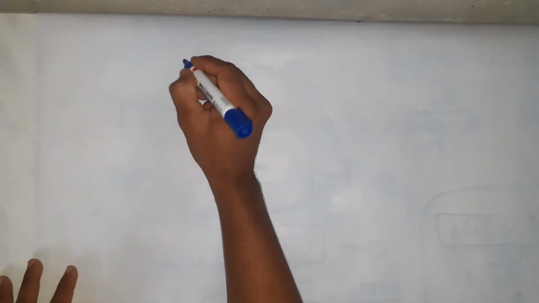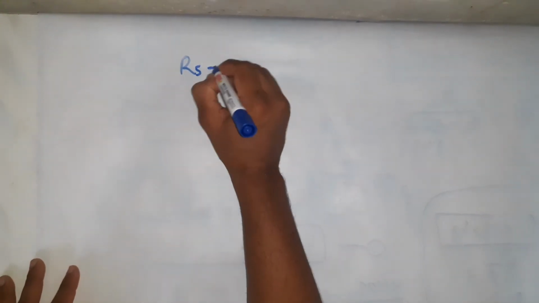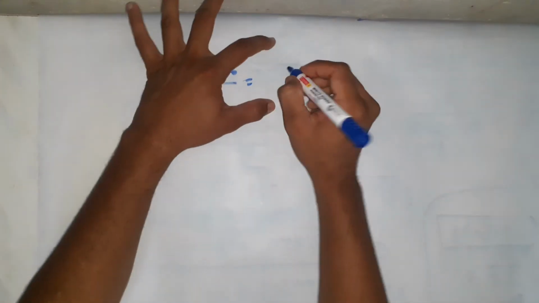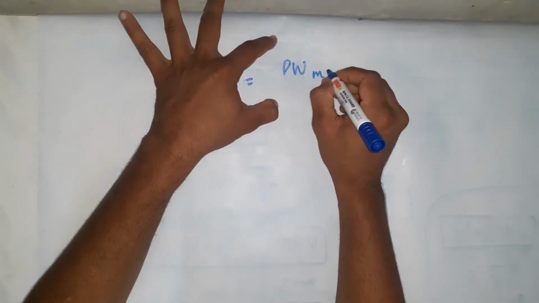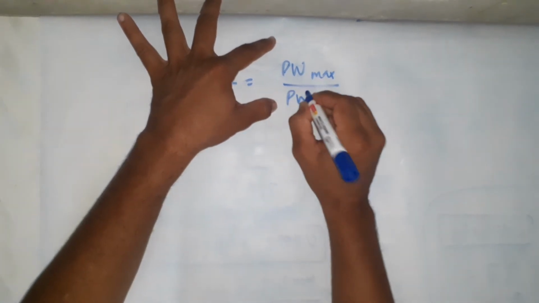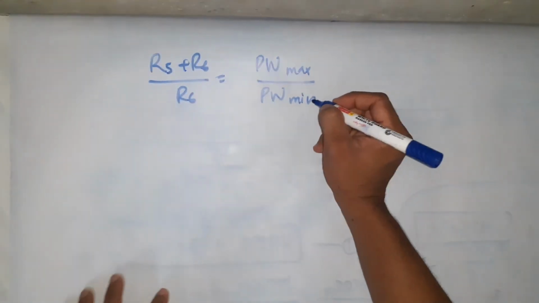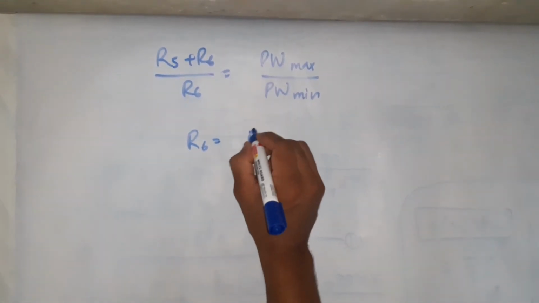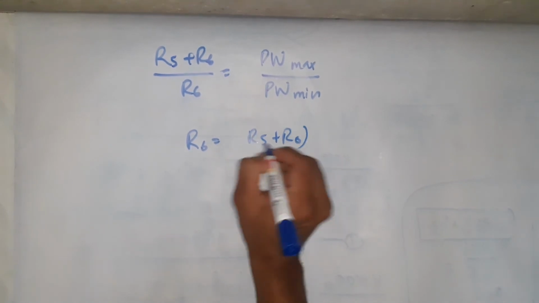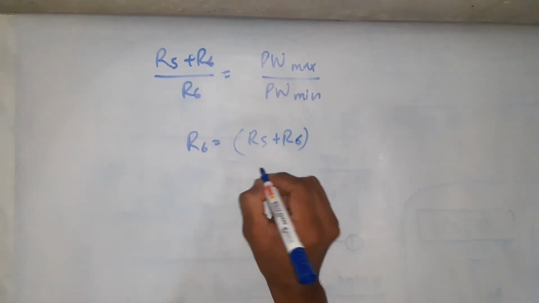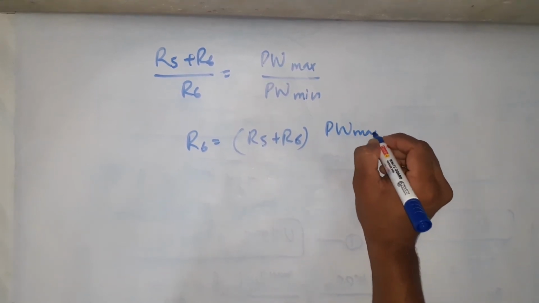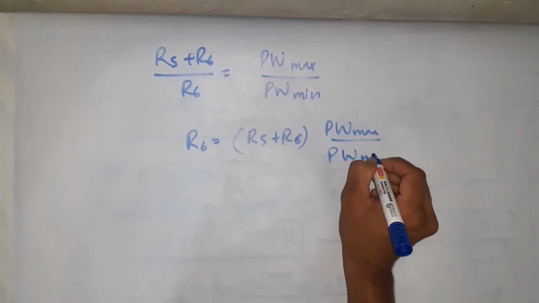We have one more relation: R5 plus R6 divided by R6 equal to pulse width maximum by pulse width minimum. So I can write R6 equal to R5 plus R6, which we already have, into pulse width minimum by pulse width maximum.